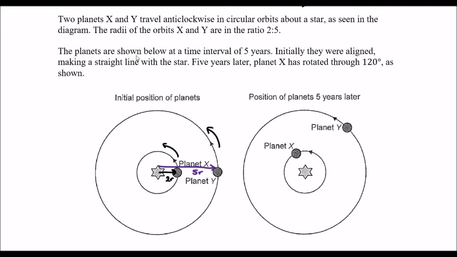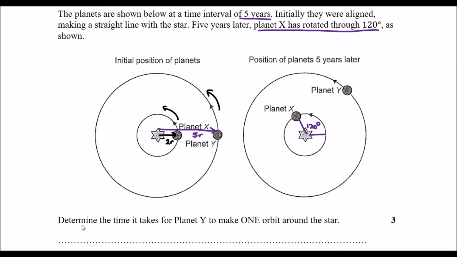The planets are shown below at a time interval of 5 years. Initially, they were aligned, making a straight line with the star. 5 years later, planet X has rotated through 120 degrees, as shown. So from our starting point here, it is now 120 degrees past.